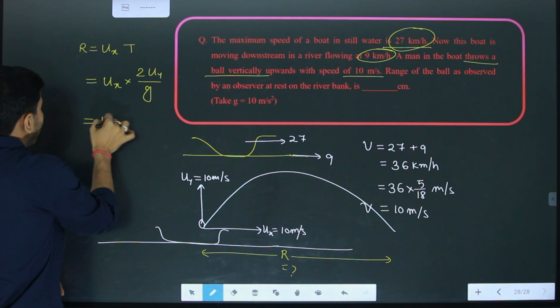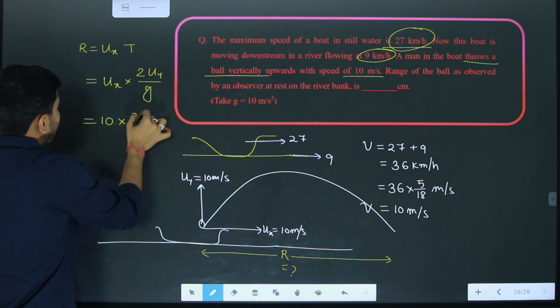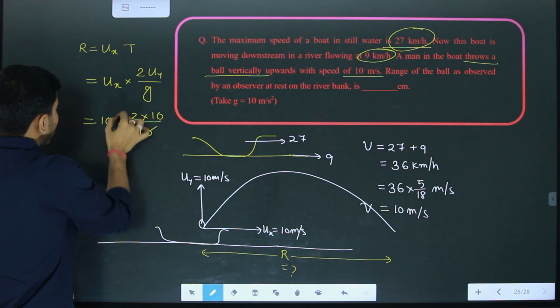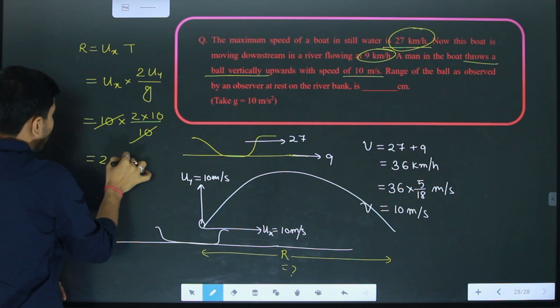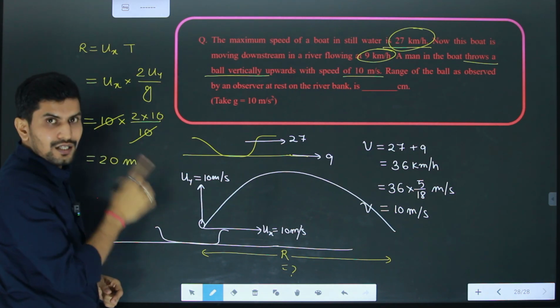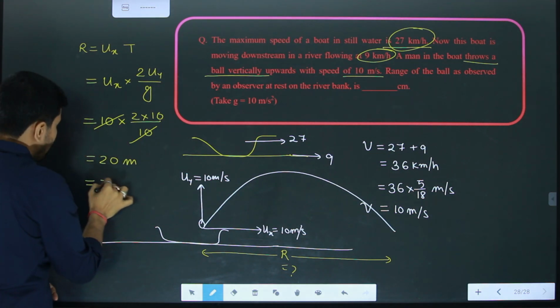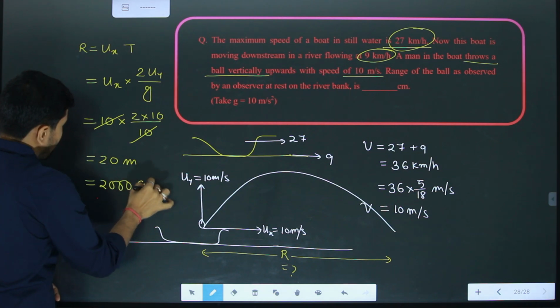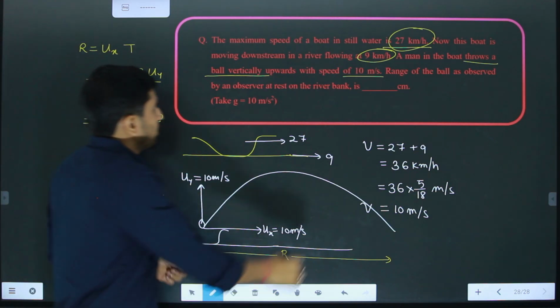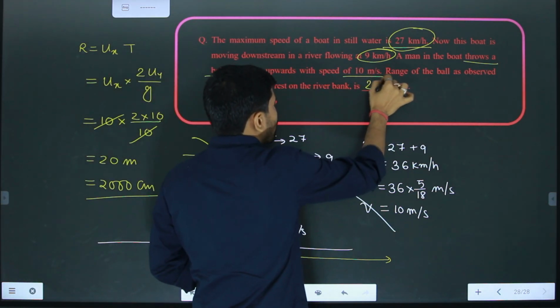Let's put all the values. 10 multiplied by 2 multiplied by 10 divided by 10. So this is equal to 20. So answer is 20 meter. But the answer is given in terms of centimeter. We will convert this into centimeter by multiplying 100, and therefore the answer is 2000.